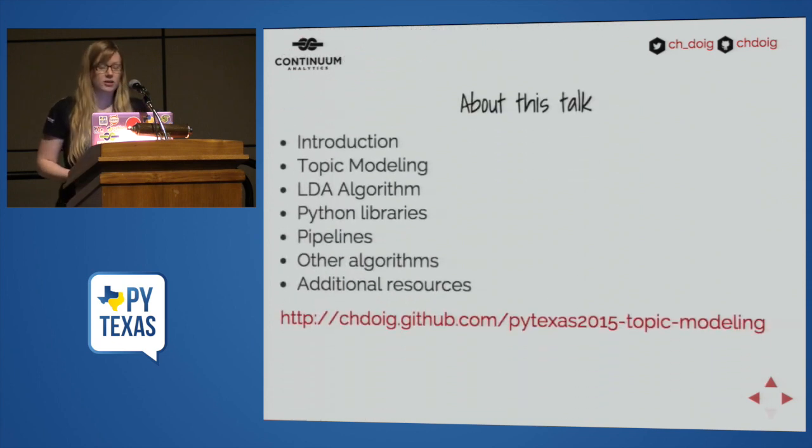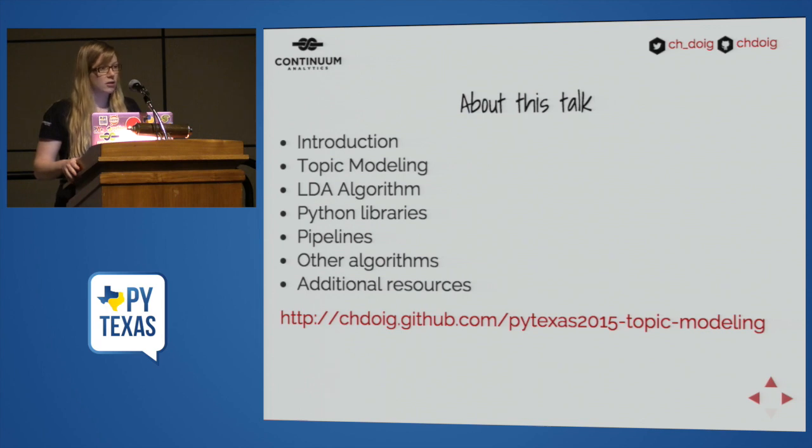So about this talk, it's topic modeling in Python, and I pretty much try to have both a little bit of understanding the theory of what's topic modeling, and then also a part on how do you apply topic modeling in Python.